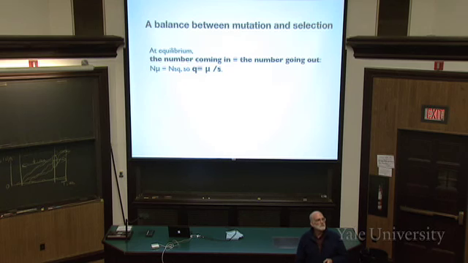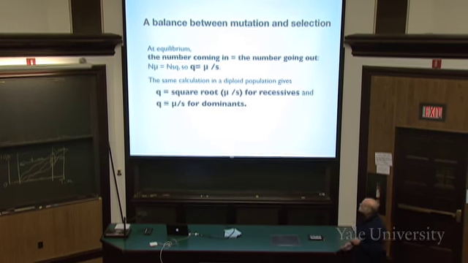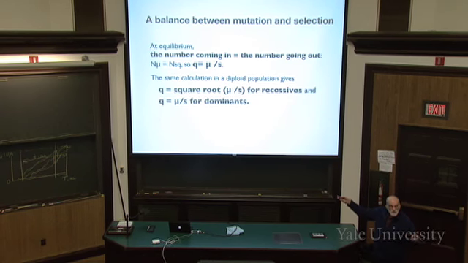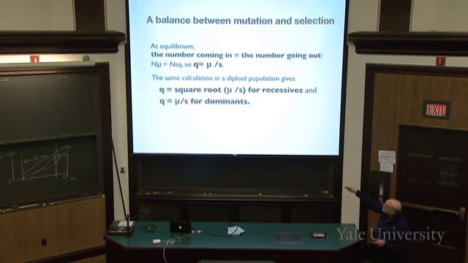It's a very simple result. And if you do the same kind of thinking for a diploid population, you get that the equilibrium frequency will be the square root of the mutation rate divided by selection for recessives, and the same as it is for haploids for dominants. Okay?